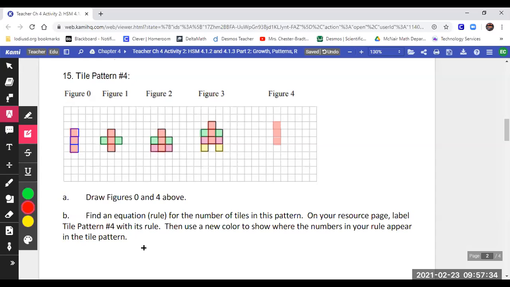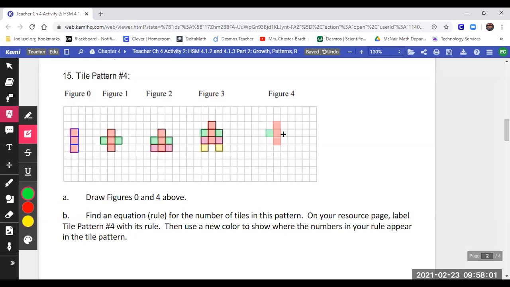All right, then we went to figure 1, and that was the green. Where are those going to go? Where are the green going to go? Are they going to go even with the top? One on the left, one on the right middle tile.